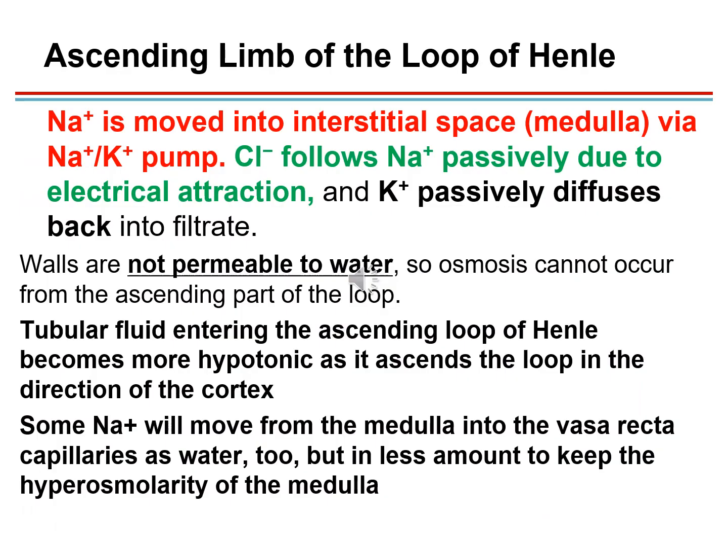Let me explain in more detail what happens at the ascending limb of the loop of Henle. This ascending limb is only permeable to sodium, chloride and potassium. And what happens right there is the sodium is moved from the ascending limb into the interstitial space that represents the medulla, using the sodium-potassium pump.